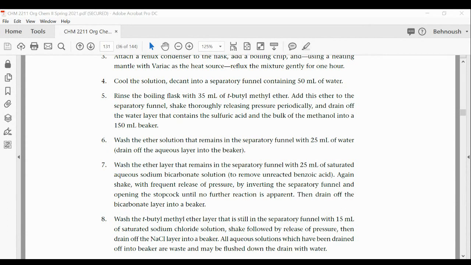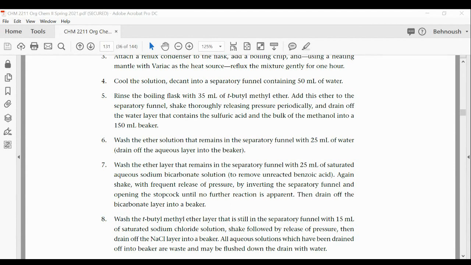Yes, Michael, the Fischer esterification of benzoic acid. Okay, that is the reaction, and also the purpose of the experiment. So we are preparing methyl benzoate from benzoic acid.